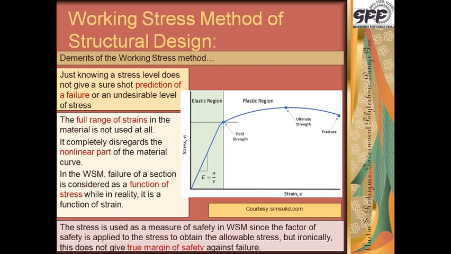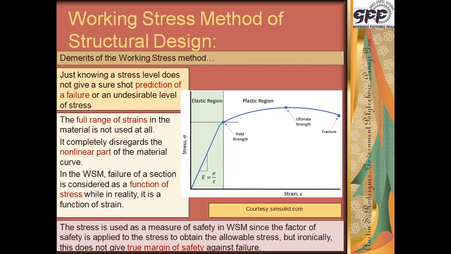Another main disadvantage is that the full range of strains in the material is not used at all. The straight line right from the beginning to the yield point is not used, as from the yield point the factor of safety is taken and we are using a lower level.